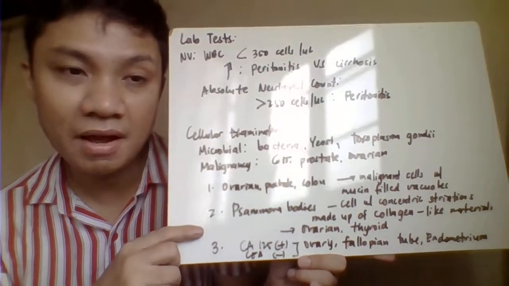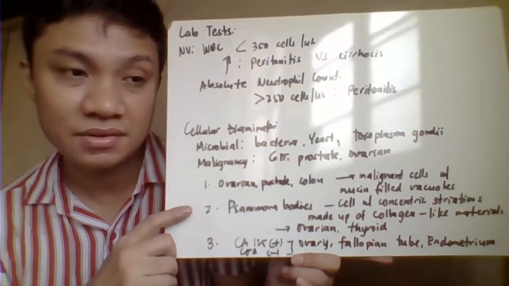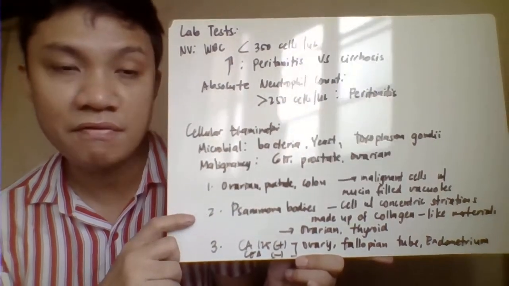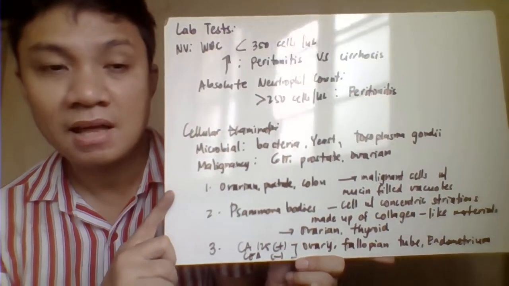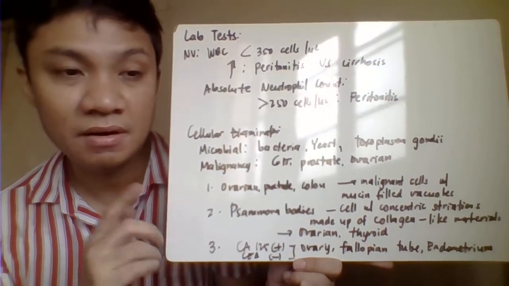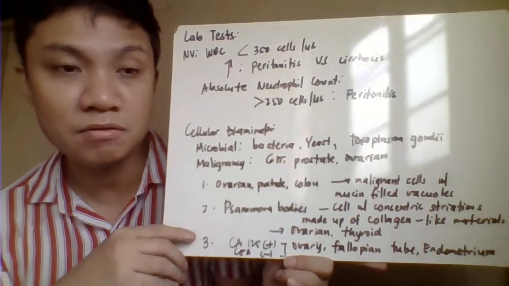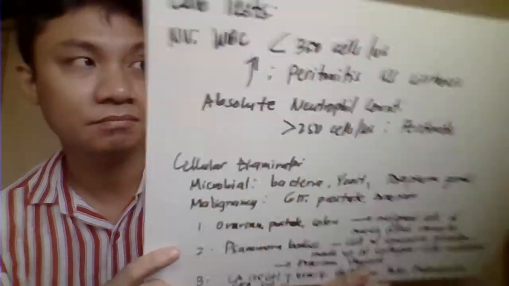On the other hand, you could also have your tumor markers. You're positive for the CA125, but negative for the carcinoembryonic antigen. It might be related to cancer originating from your ovary, fallopian tube, or your endometrium.